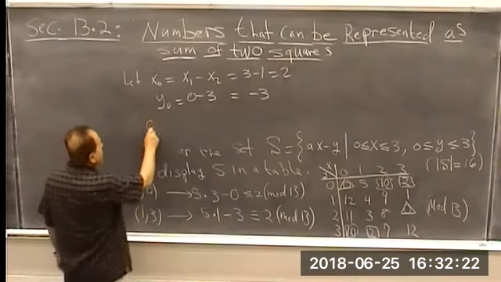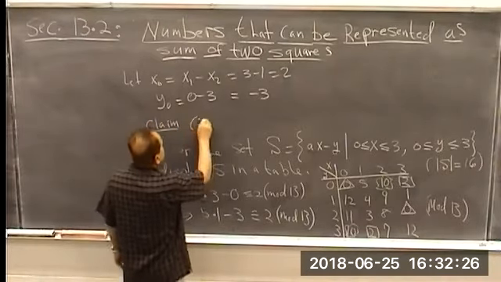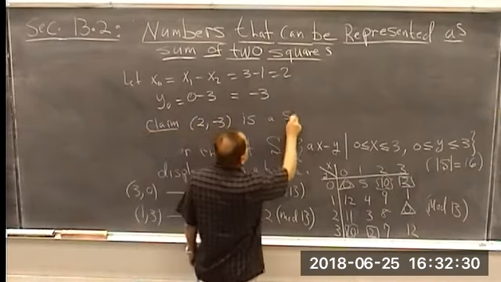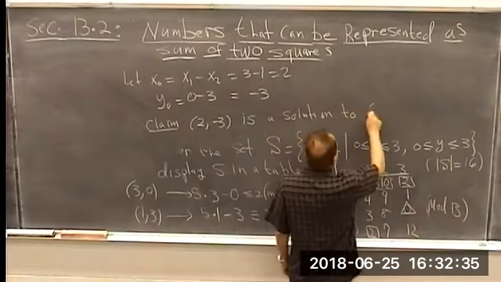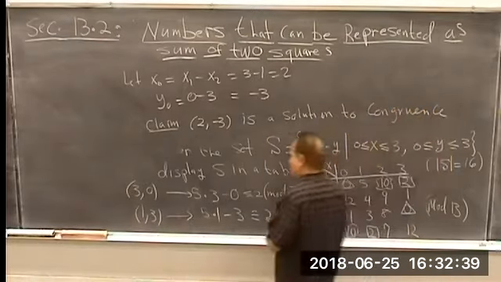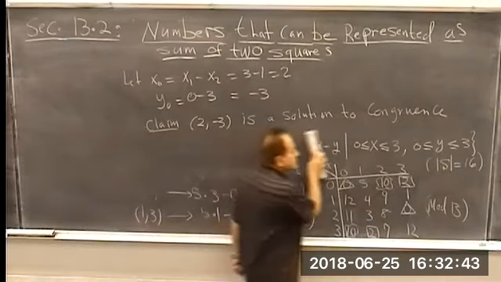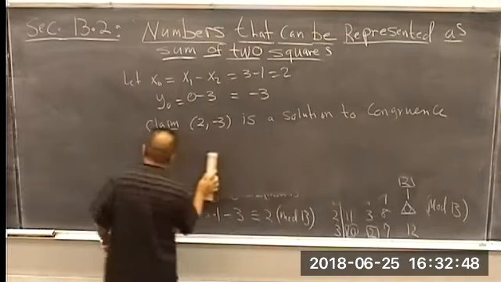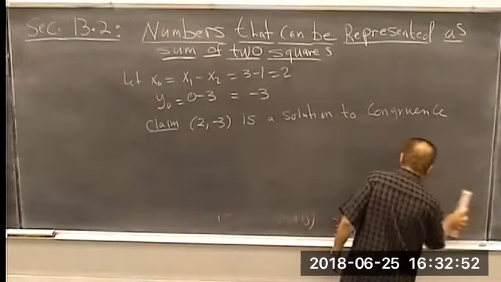And I claim, which is very simple of course, that 2 and negative 3 is a solution to the congruence 5x congruent to y mod 13.